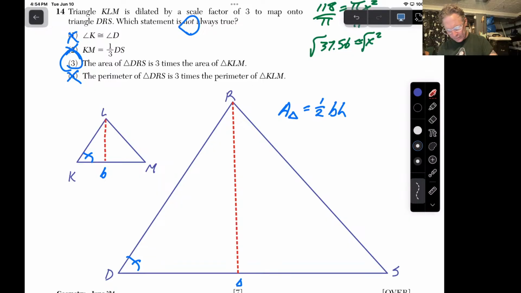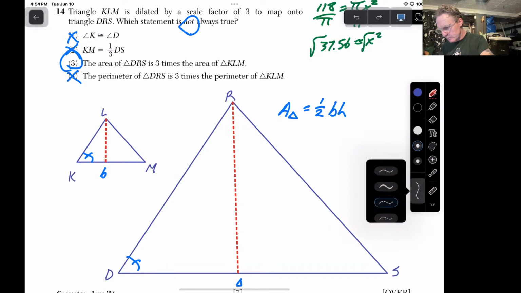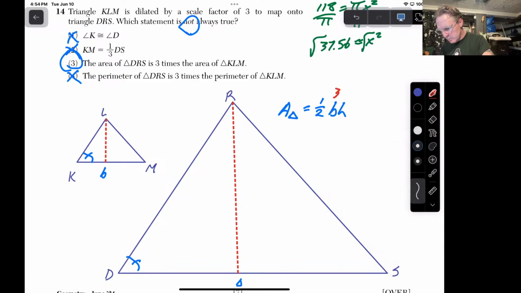If we're tripling both the height and the base, then both of these are being multiplied by 3. Well, what's 3 times 3? That's 9. So the area is actually being scaled up by a scale factor of 9. And if it were a volume question, it'd be scaled up by a scale factor of 27, 3 times 3 times 3, because it's 3 dimensions. This is 2 dimensions. Perimeter is actually 1 dimension, because it's really just length.